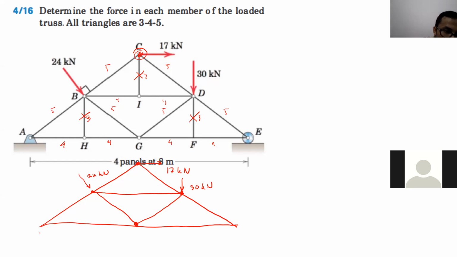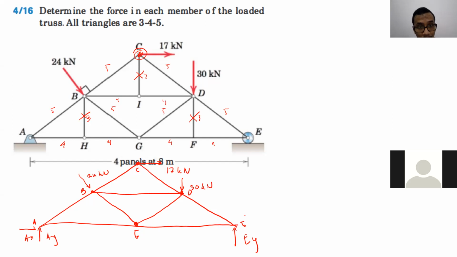At A there will be AX and AY. At E there will be EY. This one is G. This one is D. This one is B. A. C. E. So this is our simplified problem. Now the problem is much simpler.